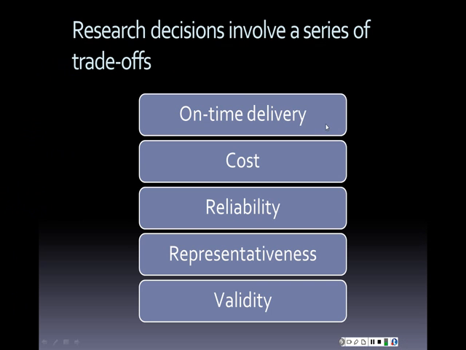So switching back over here, hopefully now you've got a sense of all 5 of these potential trade-offs in research: issues of time, cost, reliability, representativeness, and validity. And we can go a step further and talk about qualitative and quantitative research, and which of these tend to be best in each of those different situations.